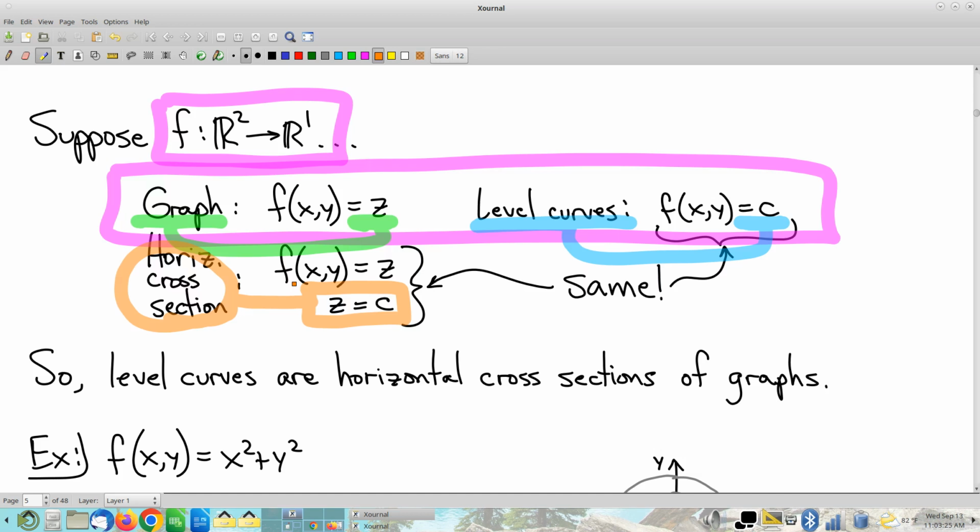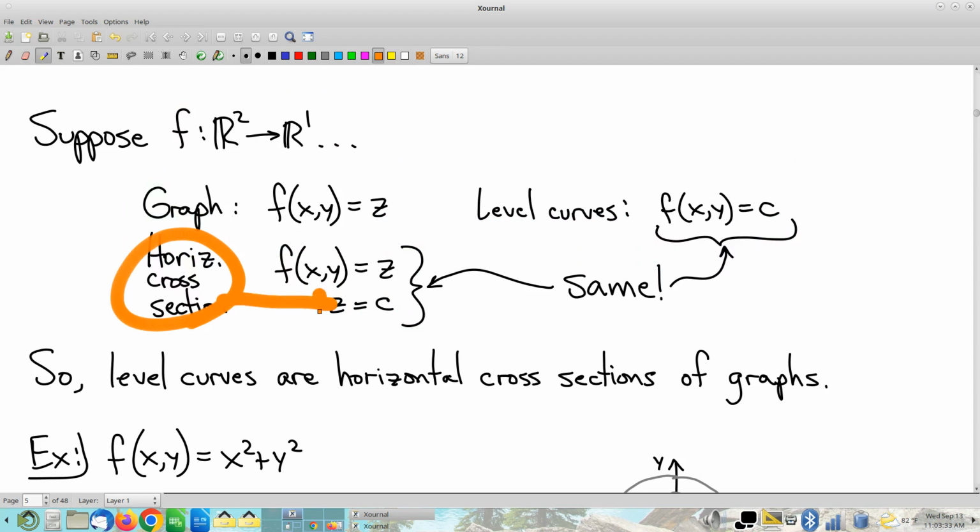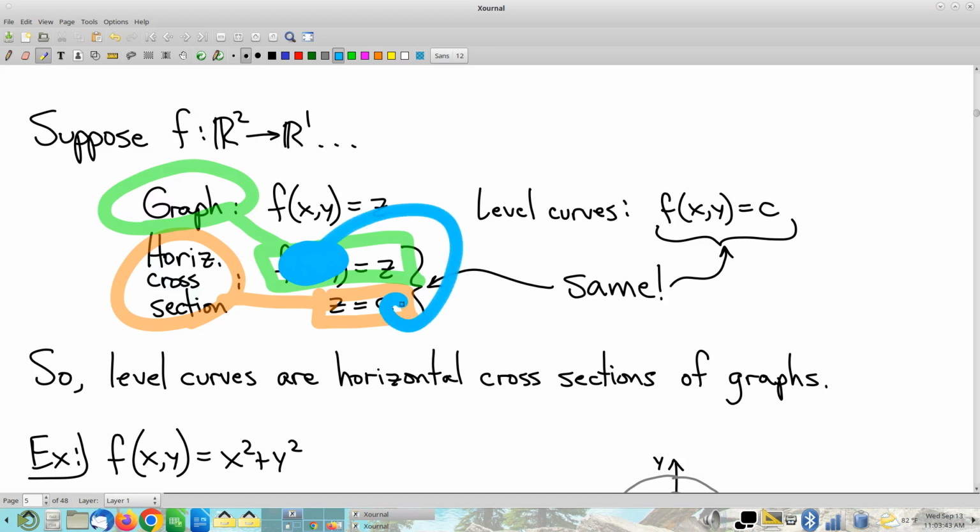Notice, for a horizontal cross section of the graph, if f is equal to z and z is equal to c, then effectively we have f equals c, namely a level curve. So there's a really nice punchline in this little innocent observation, and you can read it straight off of the algebra. A horizontal cross section of a graph gives you a level curve. And here's a picture of that in action.